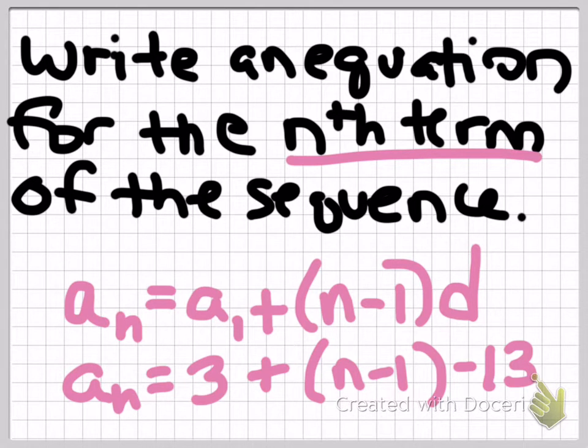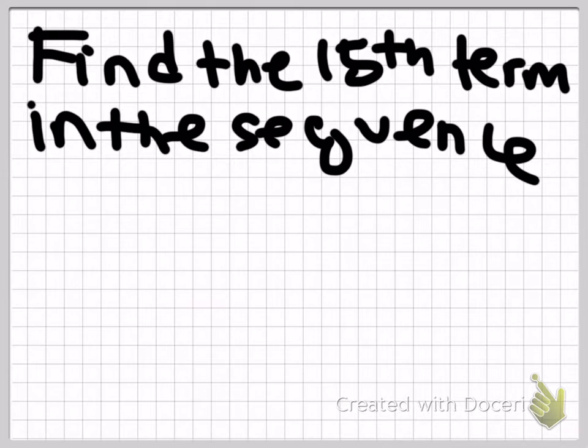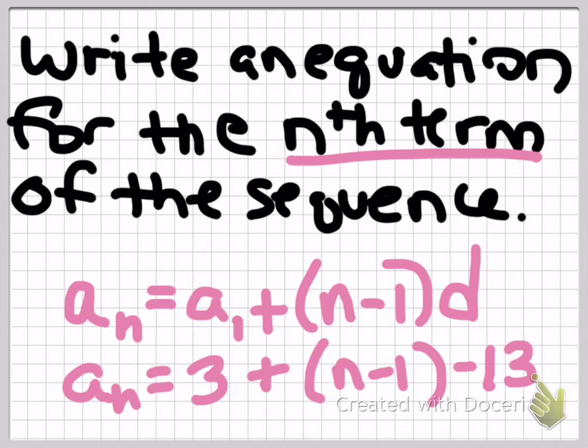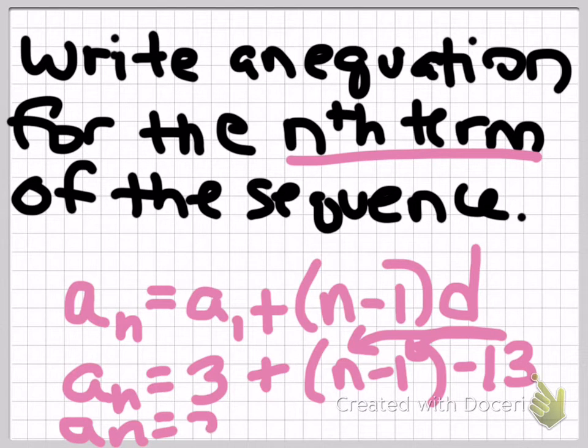So then we can simplify this a little bit by distributing the negative 13 to the n and the minus 1. Oops. And we take negative 13 and multiply by both. So we have a sub n equals 3 plus negative 13n plus 13.